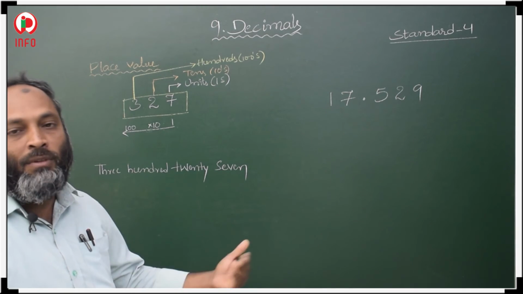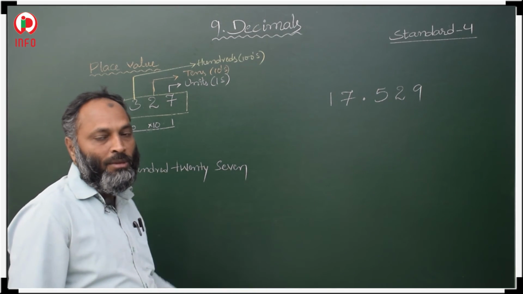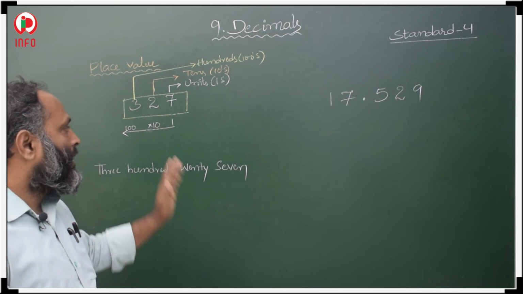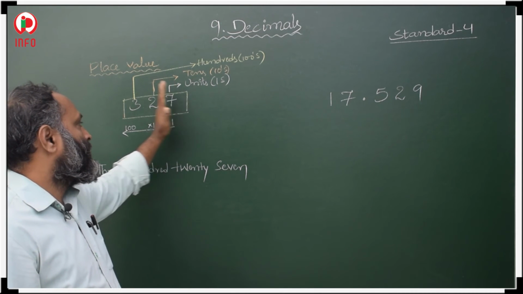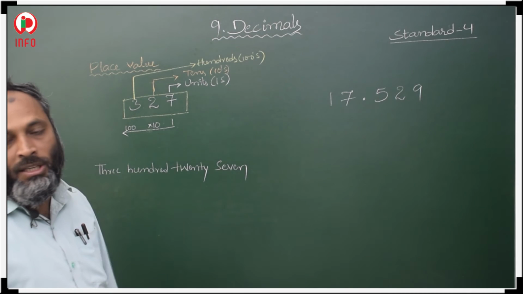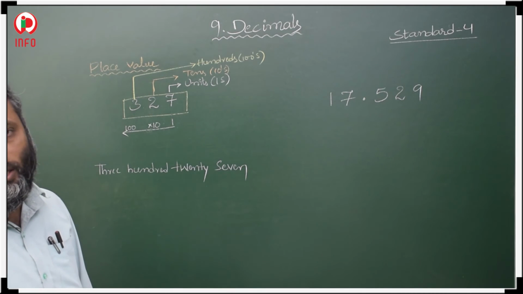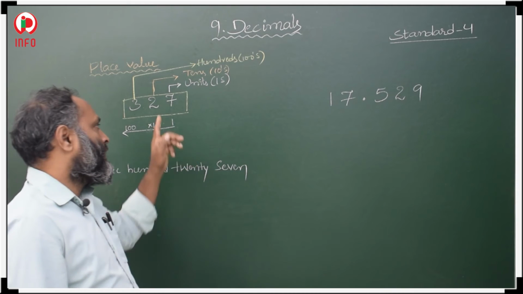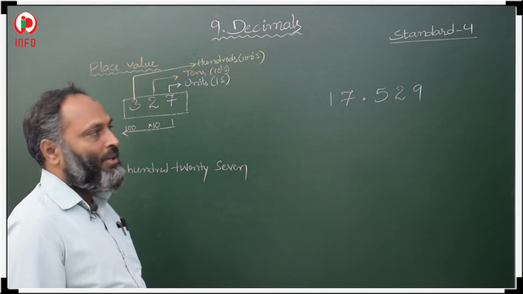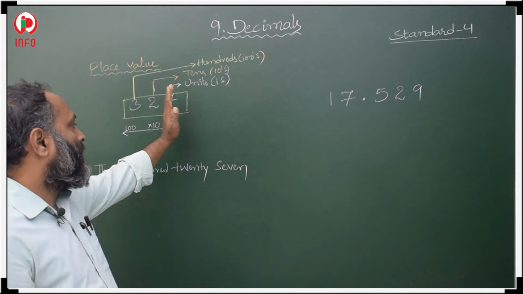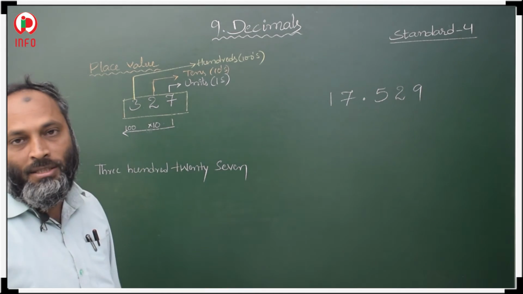If the number is in thousands place, then we have to multiply with 1000. It means basically as we move from right to left, the values increase, when the decimal number is not there.